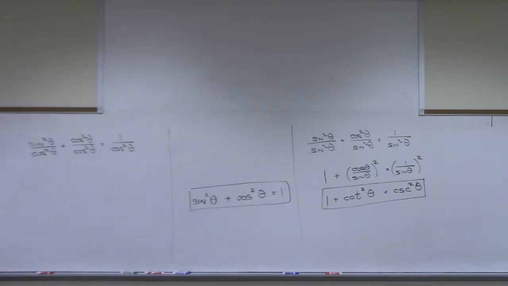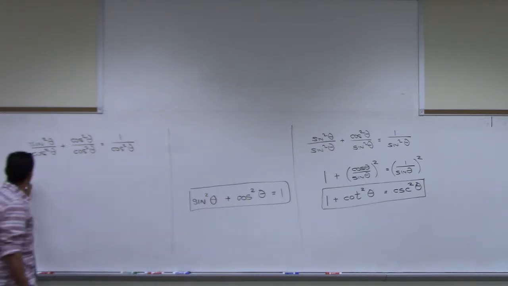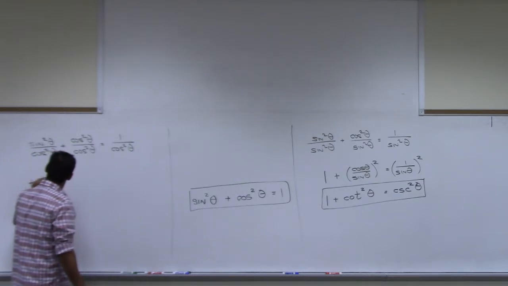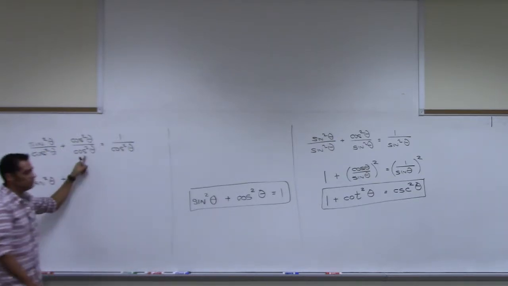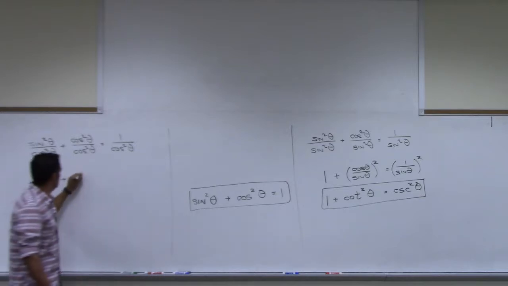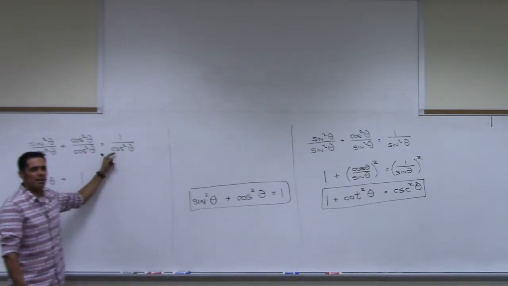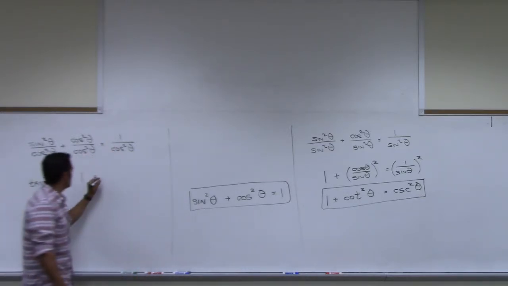And so following this similar pattern, sine over cosine is tangent. So this is going to turn into tangent squared theta plus 1 equals 1 over cosine is secant, so secant squared theta.